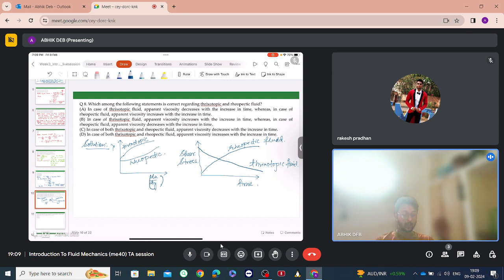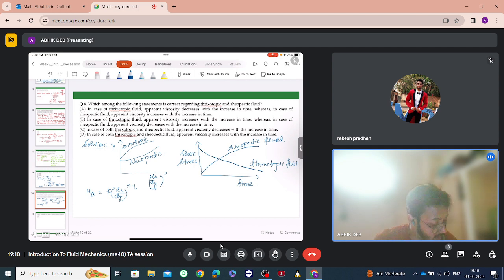So even the apparent viscosity, which is a function of the deformation, we can write as k (du by dy) to the power n minus 1. For the thixotropic fluid the shear stress decreases with time, and for rheopectic fluid the shear stress increases.